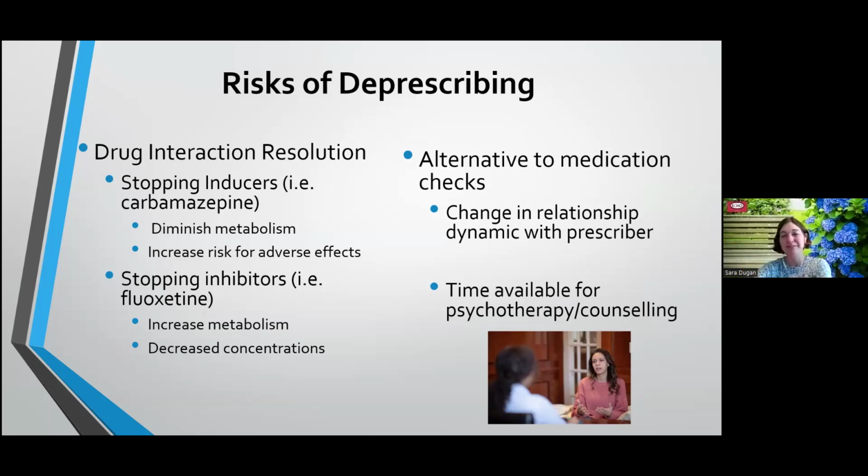So it does take some time, but once it's gone, the amount of metabolism that the body can do is going to increase. So while the body couldn't process much of the drug, now it can process more. And we may see decreased concentrations and decreased effectiveness from some of those. So it is important that we at least appreciate the drug interactions if we're simplifying as well.